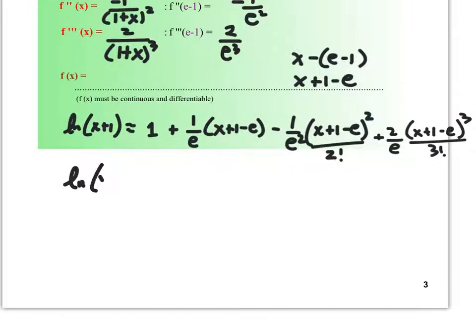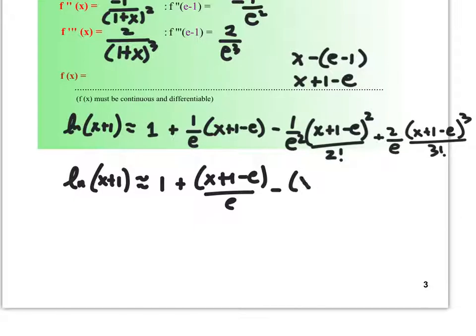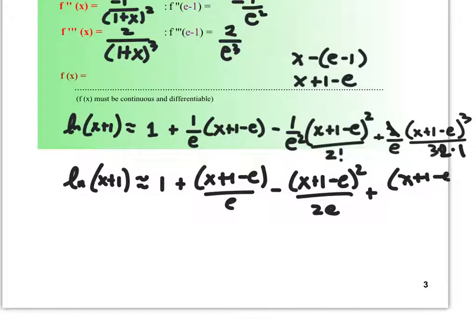So the natural log of x plus 1 will be 1 plus x plus 1 minus e over e, minus x plus 1 minus e squared over 2e, plus, what's going to happen here is 2 will cancel with the 2 and 3 times 2 times 1. So I'll get x plus 1 minus e cubed over 3e. And you can see that pattern start to take hold here.